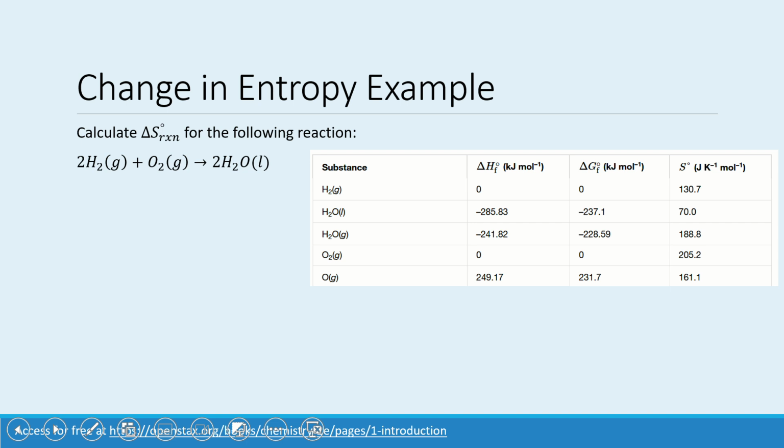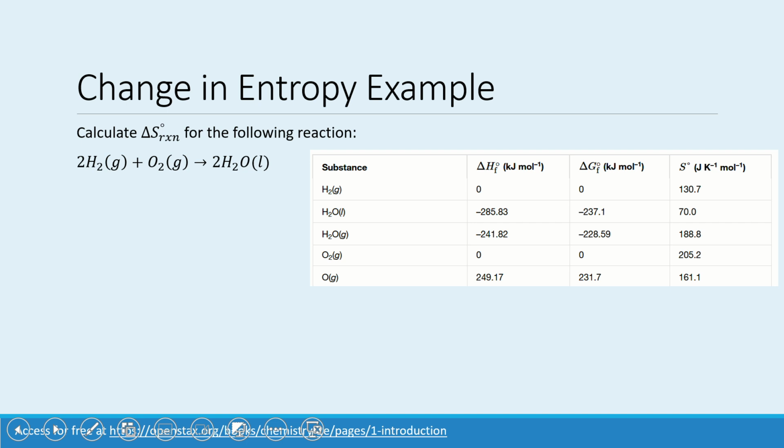Okay, so let's look at some examples. We're going to calculate the change in entropy for the following reaction. We've got 2 molecules of hydrogen plus a molecule of oxygen yields 2 molecules of water.